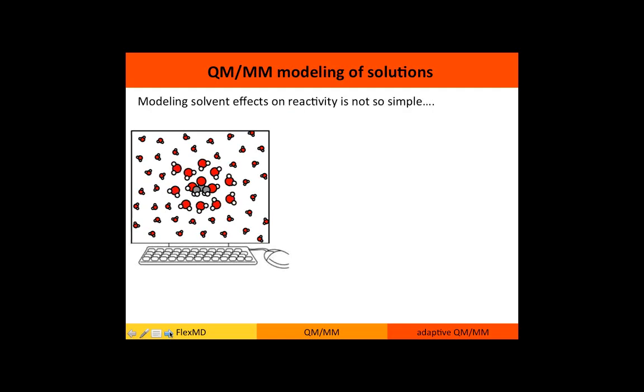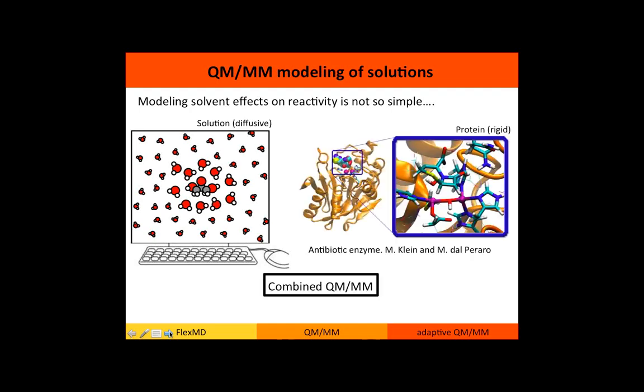But in many cases, the region I'm interested in is the solute molecule itself, but I might want to describe very well also the water molecules that are directly interacting with the solute molecule, because there might be charge transfer going on, there might even be proton transfer going on. So this can be very desirable, and if I do that, I run into problems. QM/MM like this is not so easy.